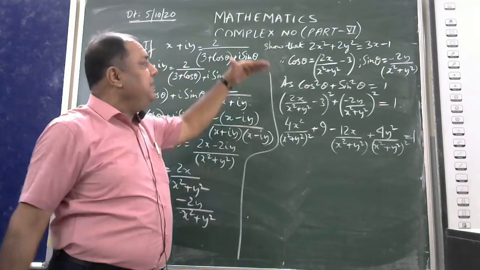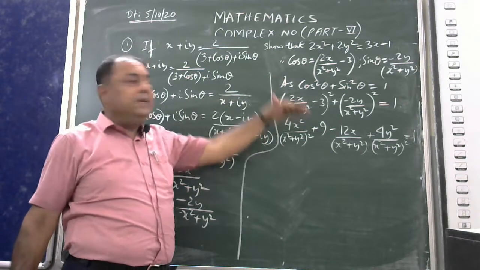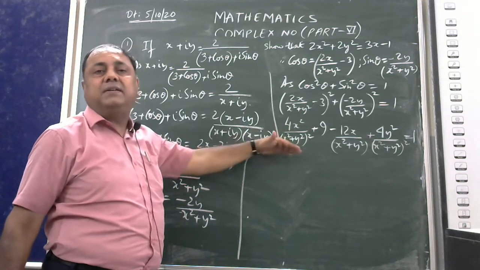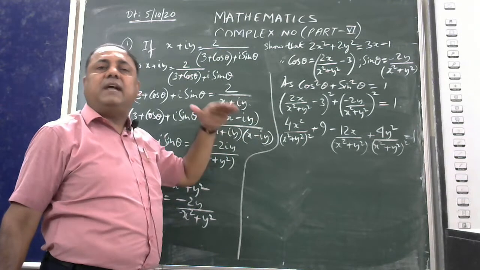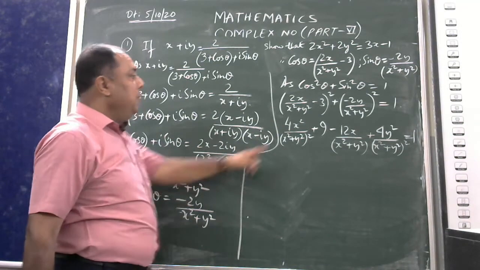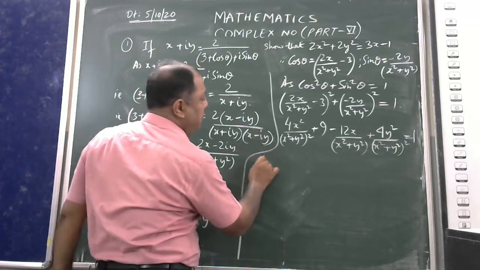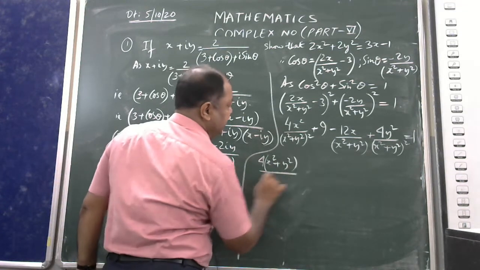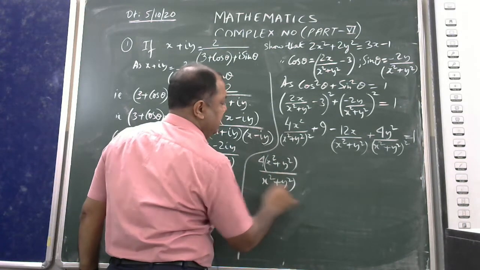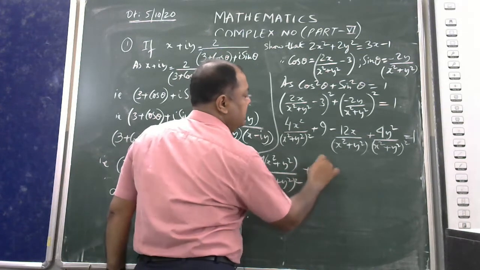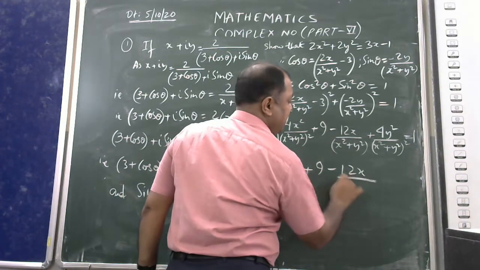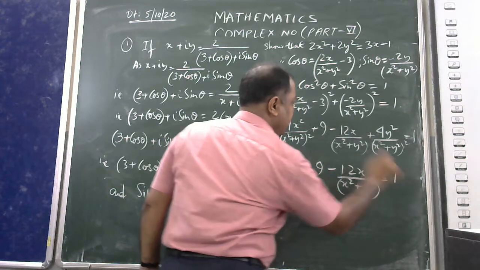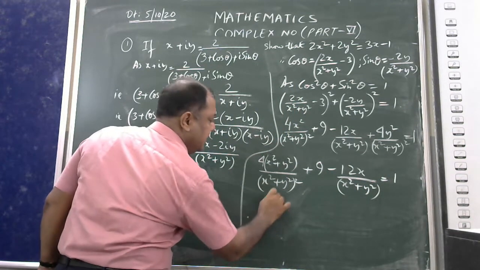Try to follow step by step. Each step should be thoroughly clear. Once each step is clear, you need not memorize; start working these problems. Now, between these two terms, I take 4 common: 4 times (x squared plus y squared), and my denominator is (x squared plus y squared) whole squared, plus 9 minus 12x by x squared plus y squared is equal to 1. These two factors get cancelled.